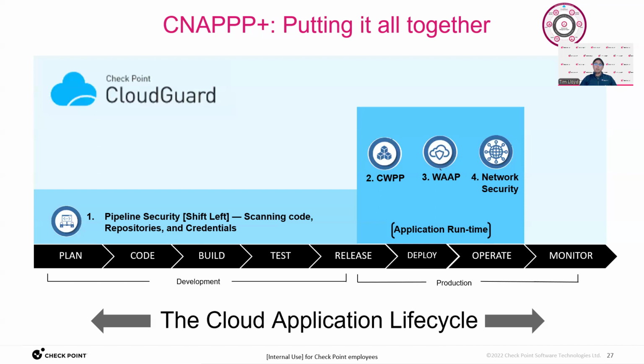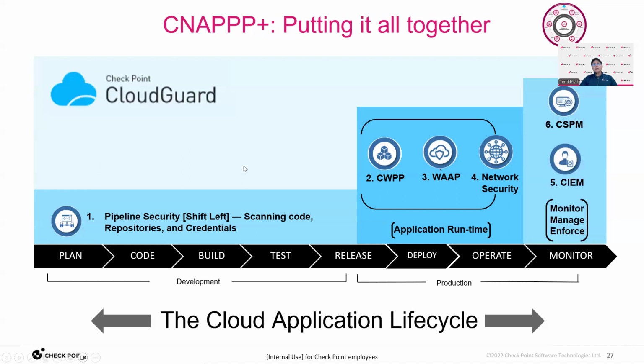Right, this is about securing your API traffic. It's a WAF, as we talked about earlier, whereas CWPP is protecting the infrastructure, the container. So think Docker, think Kubernetes, even think serverless, right? So serverless functions would be protected in the CWPP component of CNAPP. And then, of course, we have our network security, which we already talked about, protecting everything inside of your runtime environment. And finally, on the far right, we have KIM and CSPM.